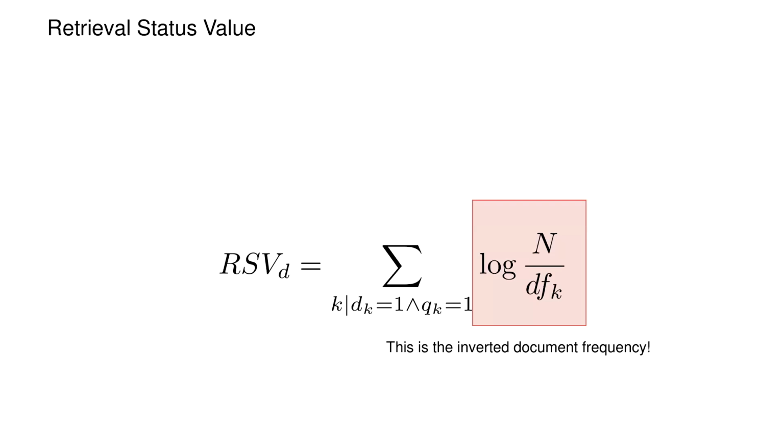So it is incredible because we made all these assumptions, and at the end, we are just adding some sums that contain the inverted document frequency. So what we have just done with this mathematical derivation is that we have given a justification to the use of IDFs in the vector space model. That is what we have done.